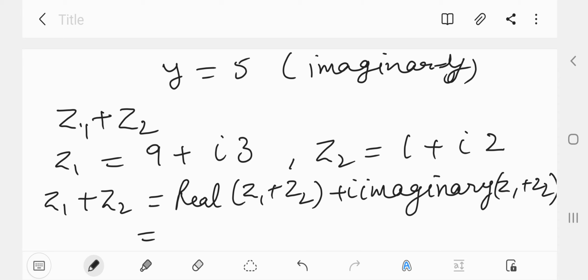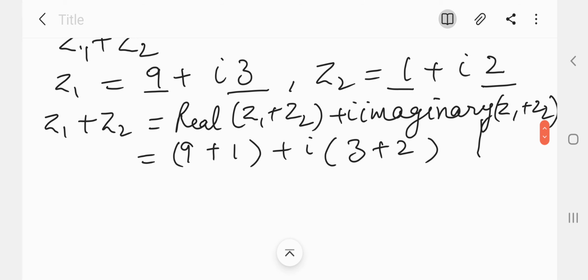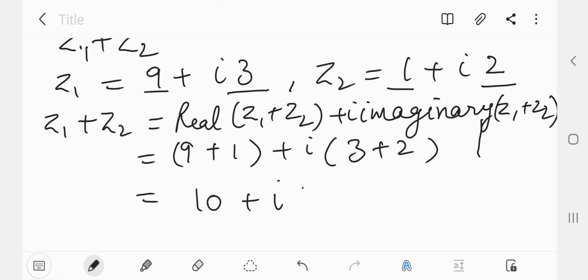The real part of z1 is 9 plus the real part of z2 is 1, plus iota, the imaginary part of z1 is equal to 3 and the imaginary part of z2 is equal to 2. Then 3 plus 2, so the answer is 10 plus iota 5.